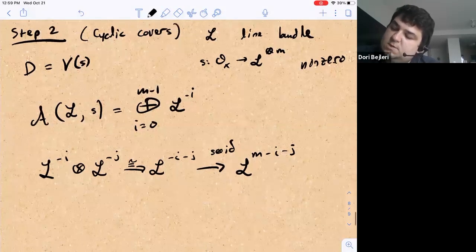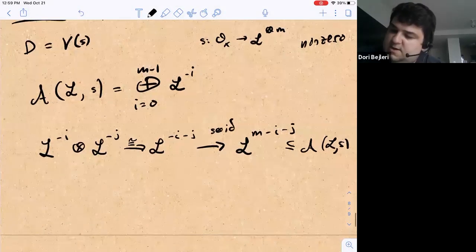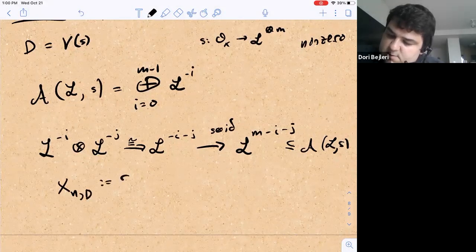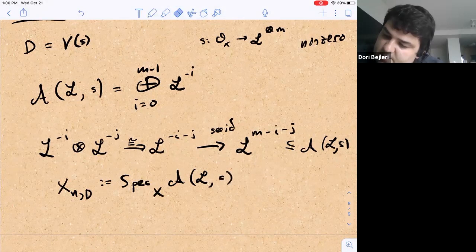And so this gives us a multiplication on this algebra A. And so now we'll just define X_{M,D} to be Spec over X, this relative Spec of this algebra A, and this should be an M here.